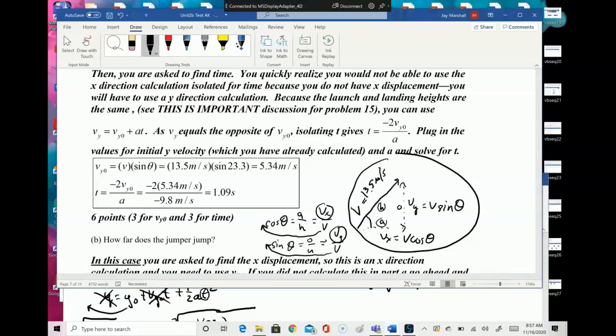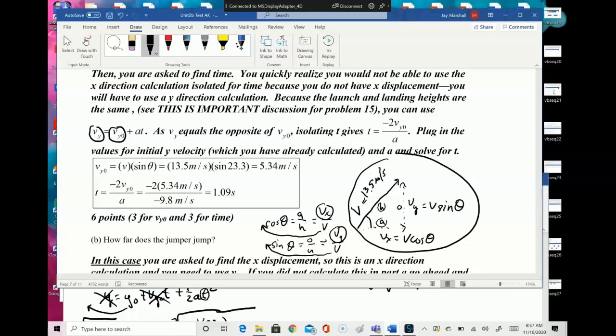And I showed you last time how to isolate time using this formula. And I told you to remember that if I land at the same height as I start from, these two values have to be equal to each other.